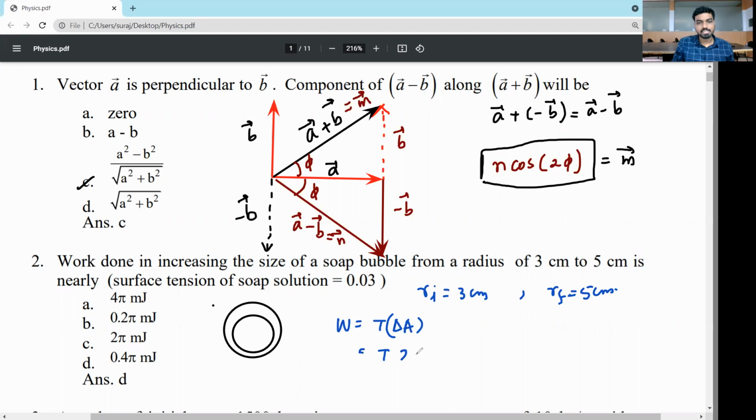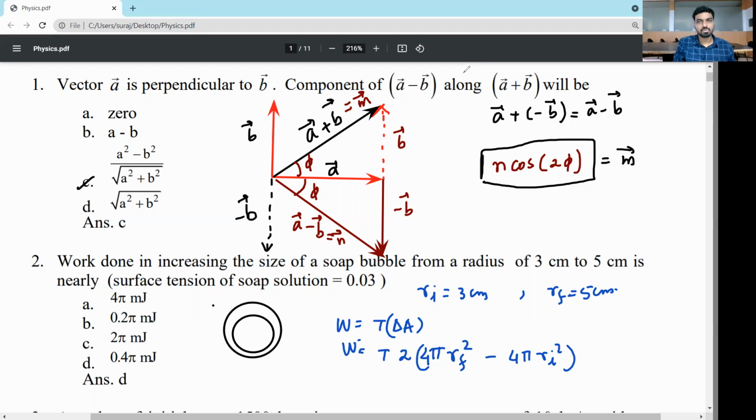So it will be twice, T times 2 into 4 pi R final squared minus 4 pi R initial squared. The final surface area minus the initial surface area is the change in surface area, times 2 because there are two surfaces, times surface tension. This will be the work done. Remember, 4 pi R squared is the surface area of a sphere.